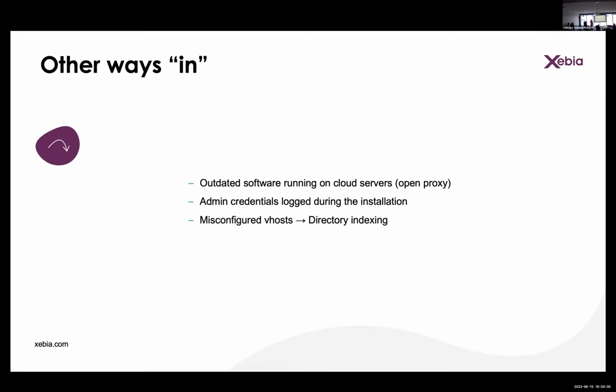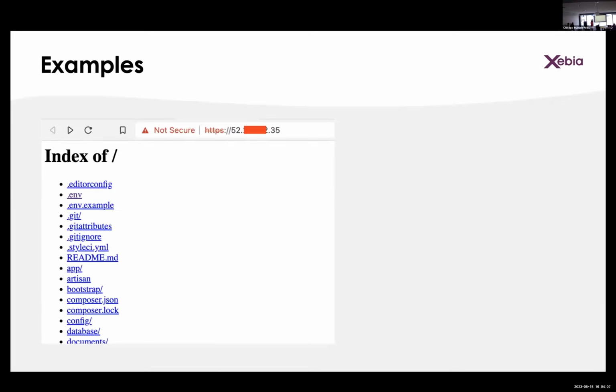Then misconfigured virtual hosts. This one is interesting. It shows you a list of all files and the directory structure on your server. And usually it's like you install Apache and it gives you a default virtual host for HTTP and HTTPS. But then you wanted to serve your website, so you create another virtual host pointing to your directory.